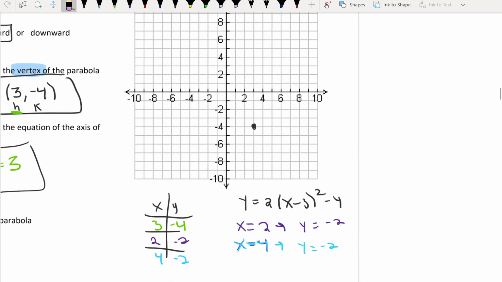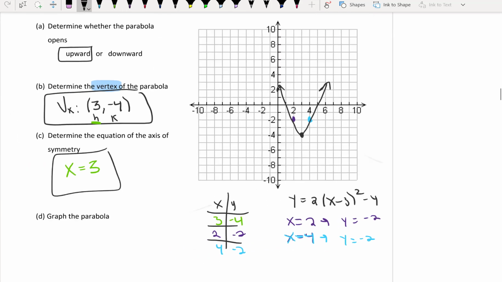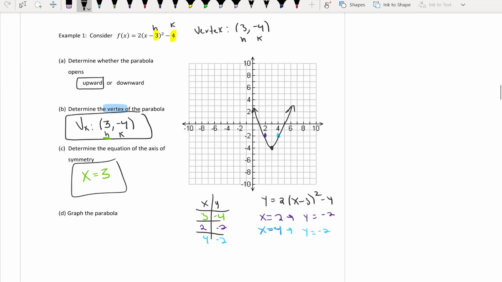Let's zoom in a little bit better. So it was 4, negative 2, and it was 2, negative 2. So my parabola more or less looks like this when I graph it.